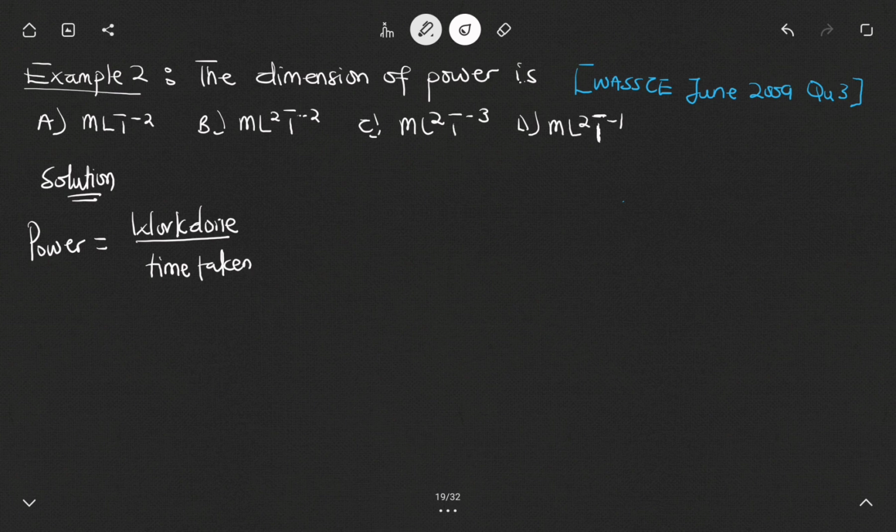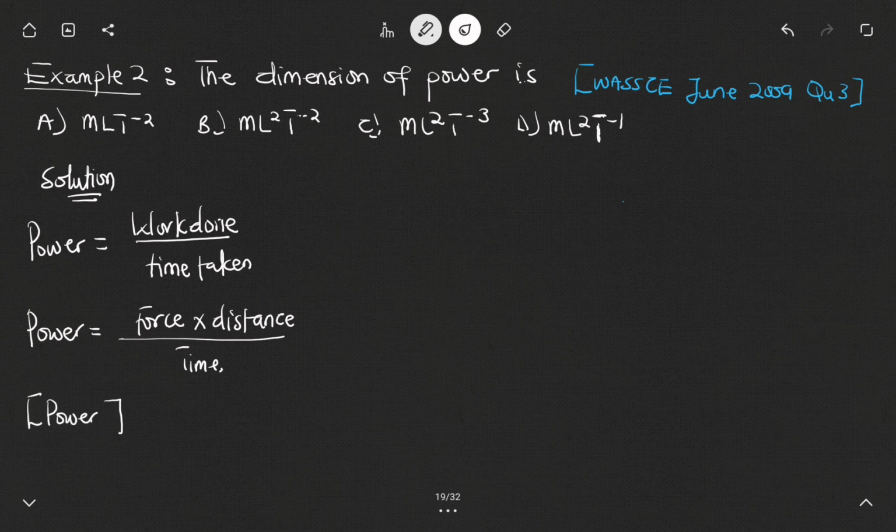If we break down work done, we know that work is equal to force times distance. The work done in moving an object is the product of the force and the distance, and then this is over time. Now to save us time, I apply the dimension here.